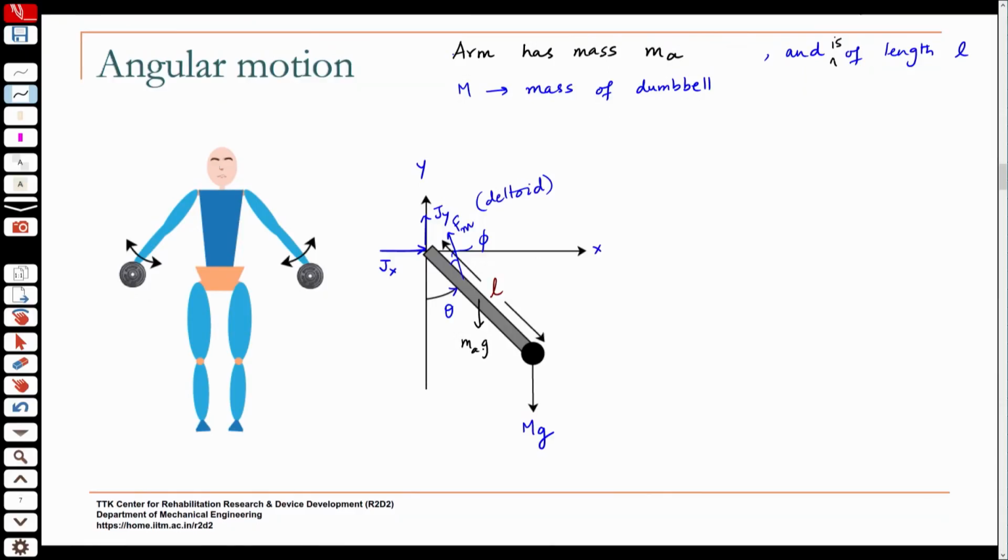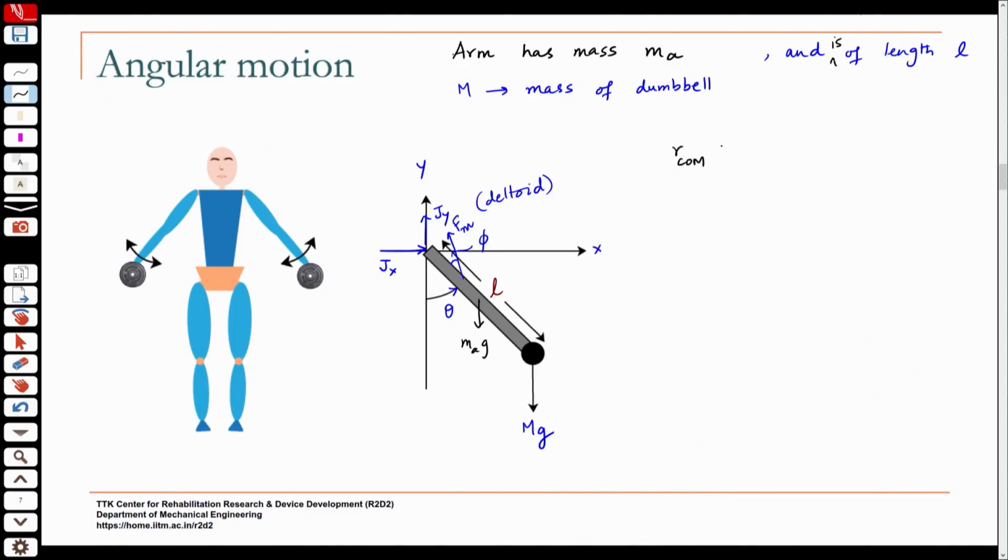Let us say we assume the mass is concentrated here. Then you would basically just find the center of mass of these two masses. If I take R COM along e r, this would be m a plus m, equal to m a into L by 2 e r plus m L e r.